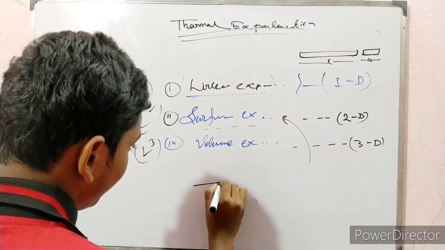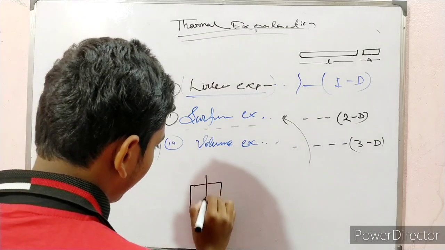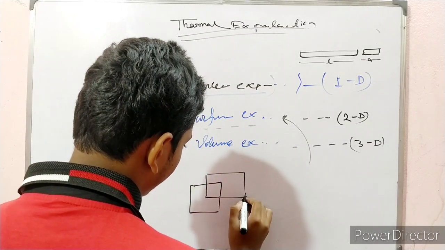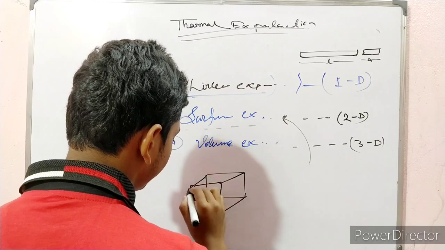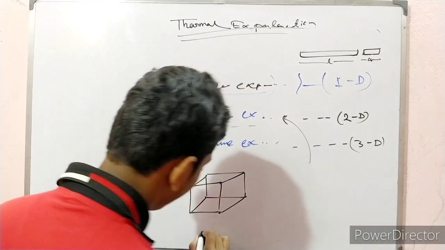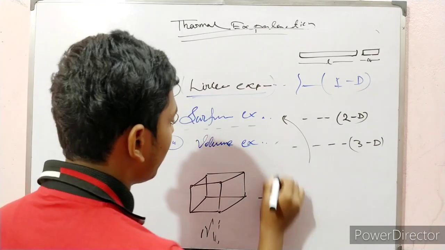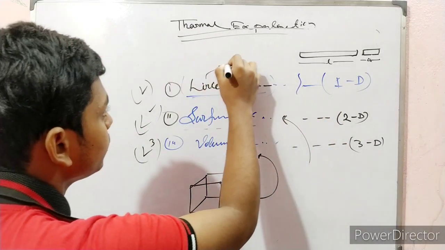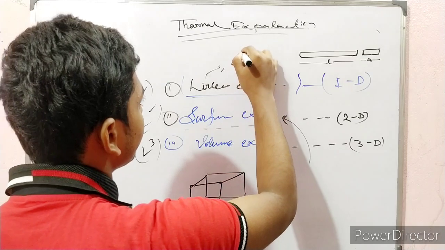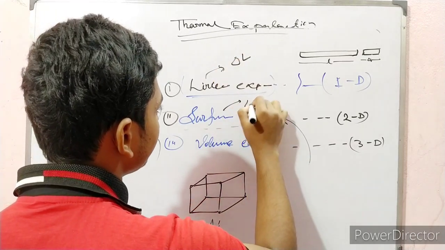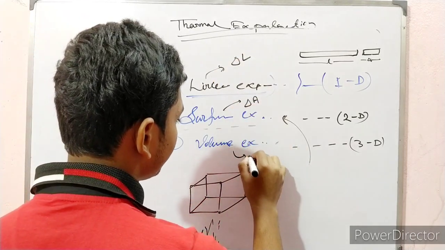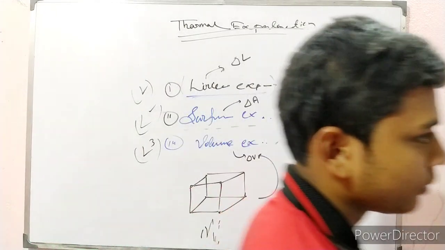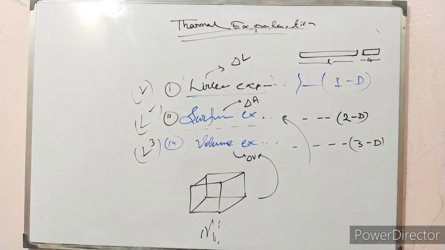Now I will take a cube and give some heat to it. Since there is a change of volume, at first there is the change of length, then the change of area, and then the change of volume. I hope it is clear.